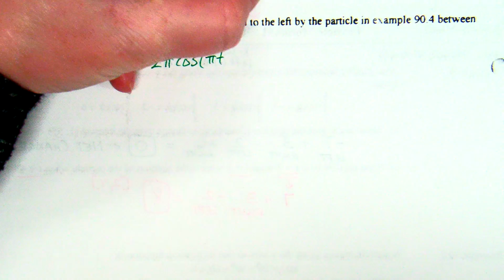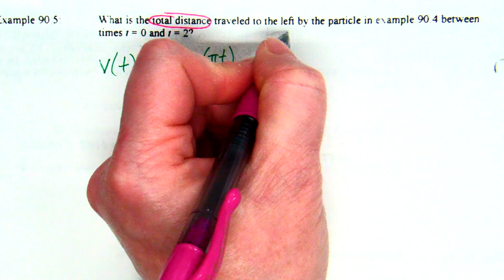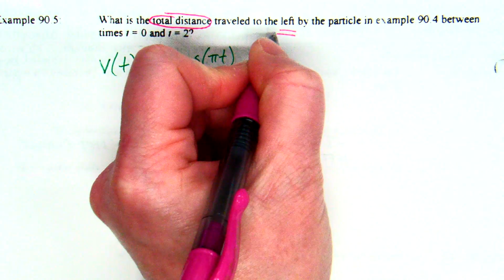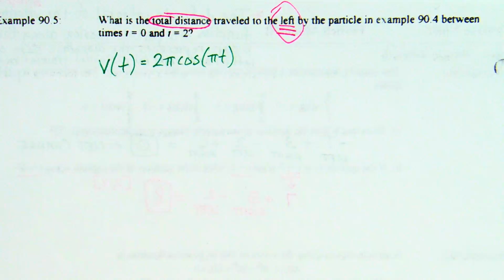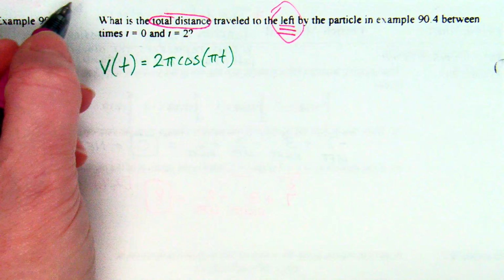Now, did you catch what all they asked? What is the total distance, specifically what? Traveled to the left. So total distance traveled to the left. Does it matter where it travels to the right? No. And this is between times 0 and 2.